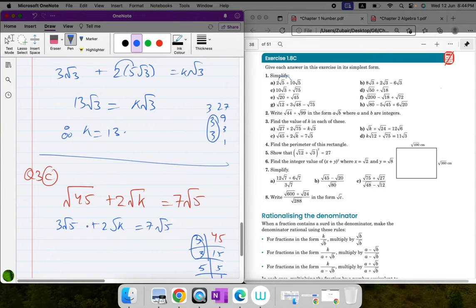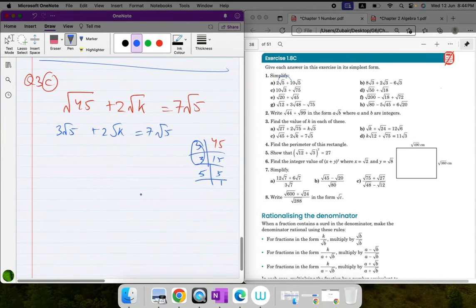Now I'm taking this 3 square root 5 to the right hand side. 2 square root k stays here, 7 square root 5 minus 3 square root 5. So the right hand side is 7 minus 3, which is 4 square root 5, and on the left hand side we have 2 square root k. Now if I have to find k, I have to see that the left hand side should be equal to the right hand side.